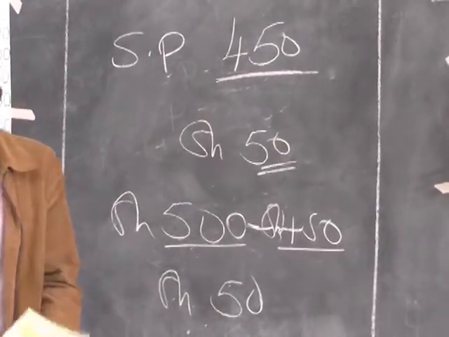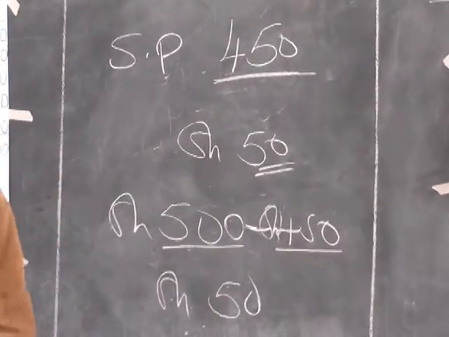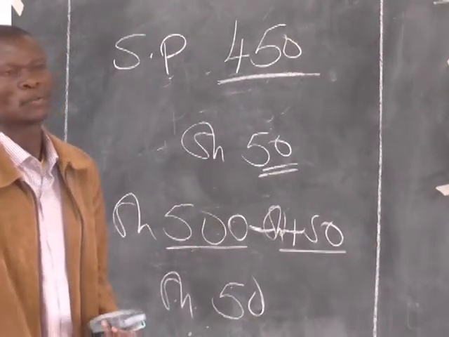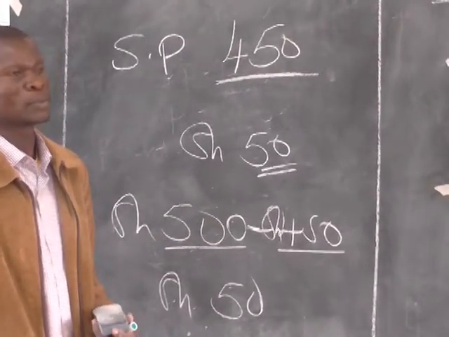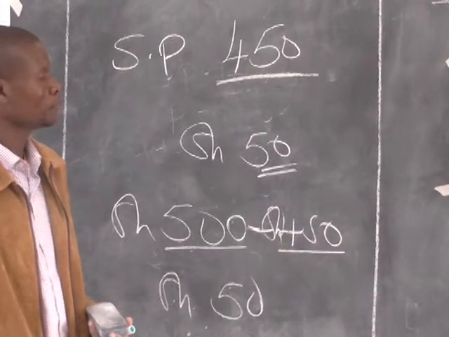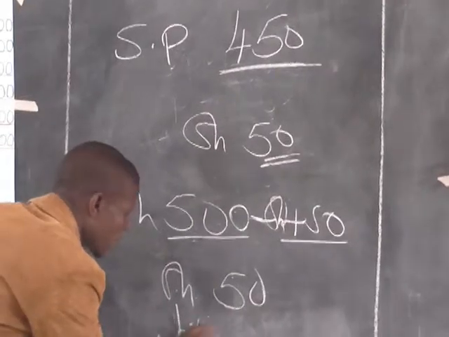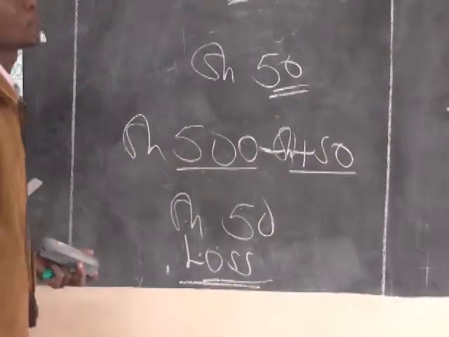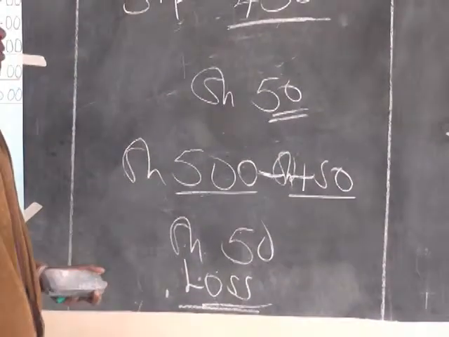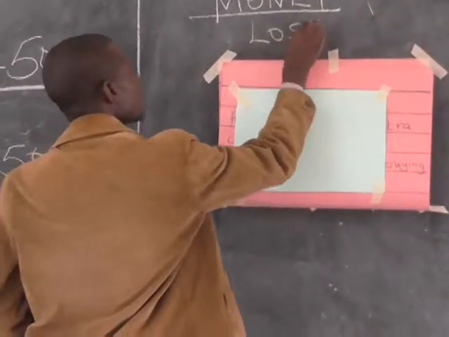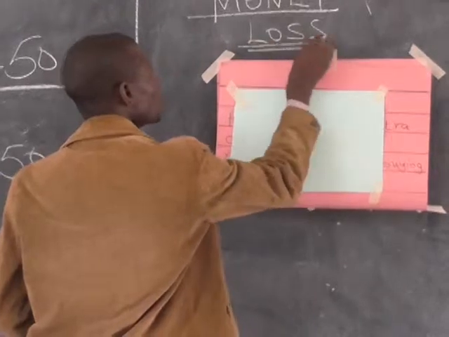That's good. Now, who can get me the formula for what we are trying to learn here? Good, you are right. So the trader made a loss. So that one is our subtopic for today. We are learning about money, but the subtopic is loss.